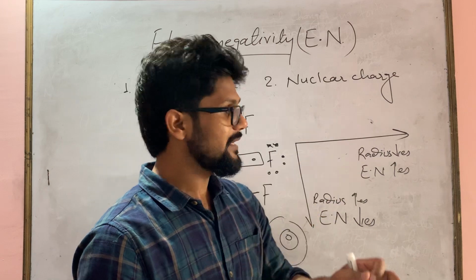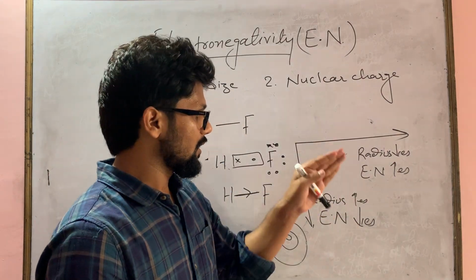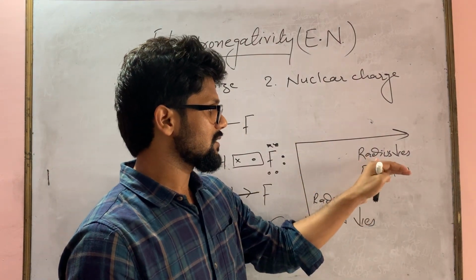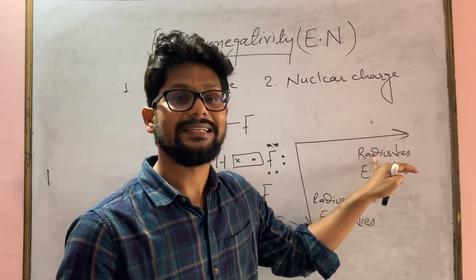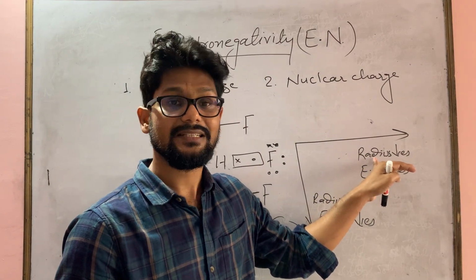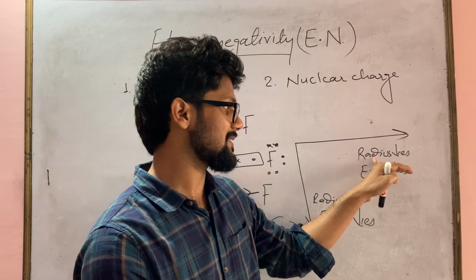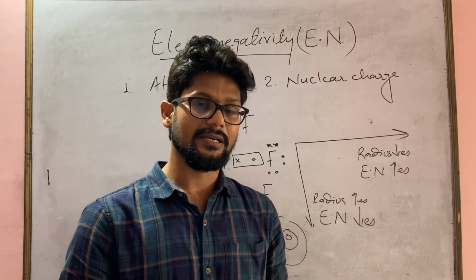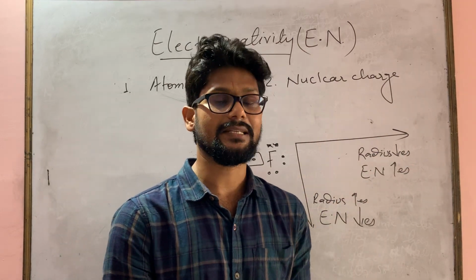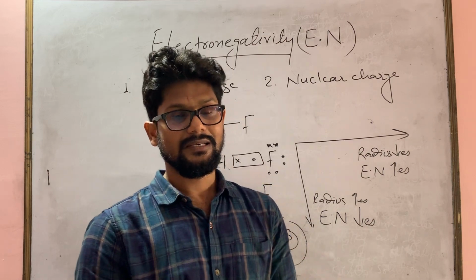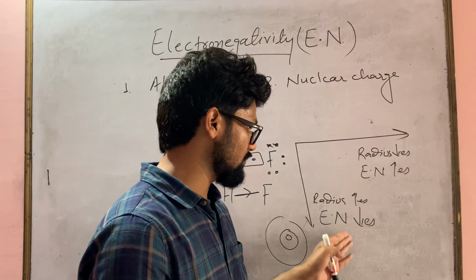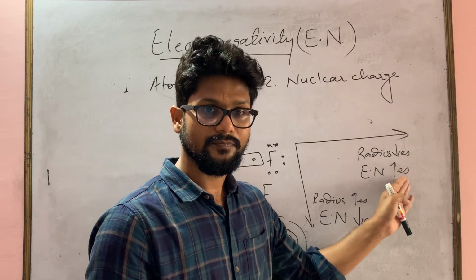So we can say that electronegativity is reciprocal of radius. If radius increases, electronegativity decreases. If radius decreases, electronegativity increases.